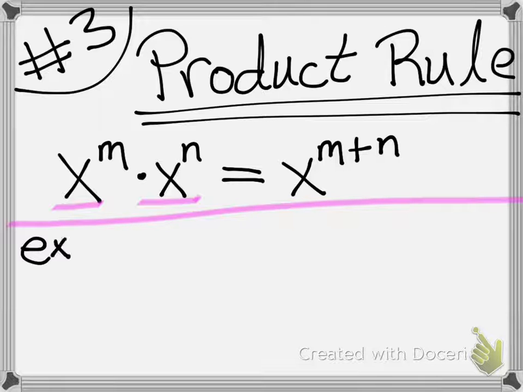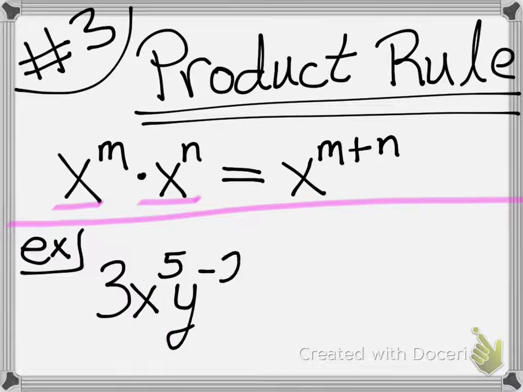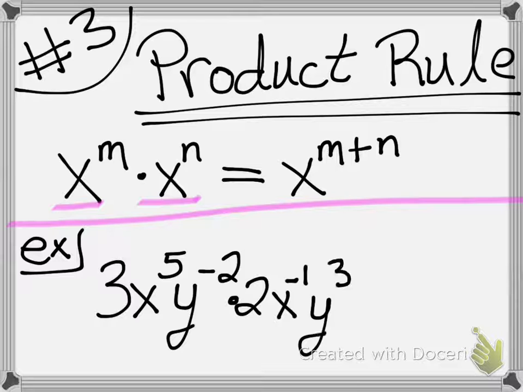So, for example, if I have 3x to the 5th times y to the negative 2 power times 2x to the negative 1 y cubed. Now, as you've probably seen on the other videos and on your assignment, some of the problems have lots and lots of stuff.